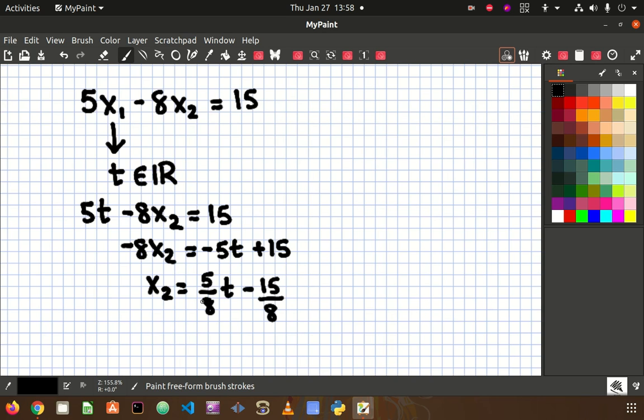And now we have the solutions in an ordered pair in terms of a parameter t. So t is the first solution to x1, and the second solution to x2 is 5/8 t minus 15/8. Now take any real value t and plug it into that ordered pair, and you've got a solution to this system.